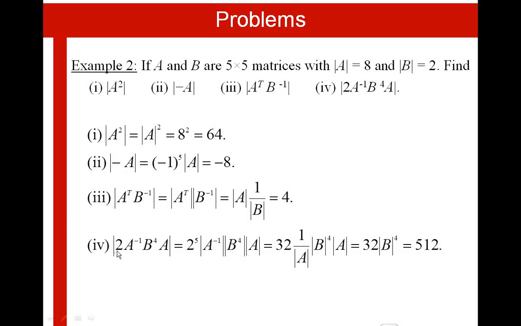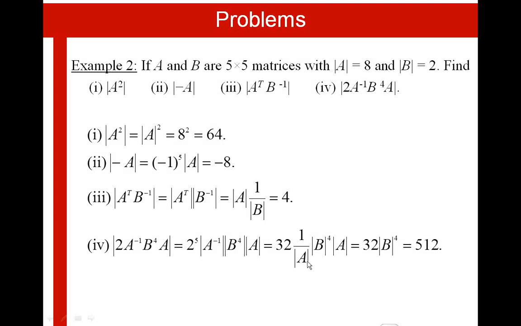Finally, calculate the determinant of 2 times A minus 1 times B to the power 4 times A. This is equal to 2 to the power 5, since the matrices are 5 by 5, times the determinant of A minus 1, times the determinant of B to the power 4, times the determinant of A. 2 to the power 5 is 32, times the determinant of A minus 1, which is 1 over the determinant of A, times the determinant of B raised to the power 4, times the determinant of A. The determinant of A and the determinant of A cancel each other, which is 8 and 8.